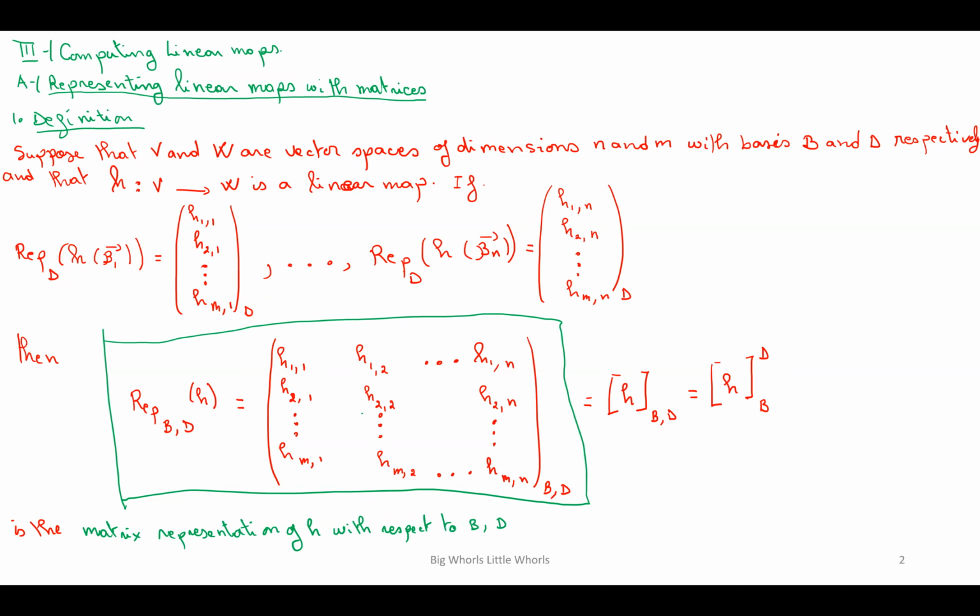Then we need to find the images of the elements of that domain basis, and then represent those images with respect to the basis of the codomain space. We will do a short tutorial. So let me continue.